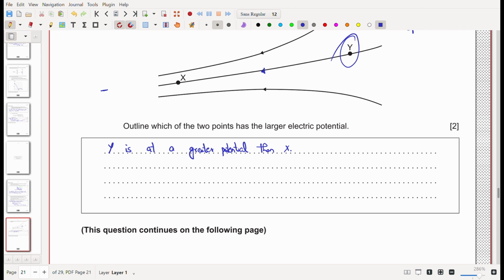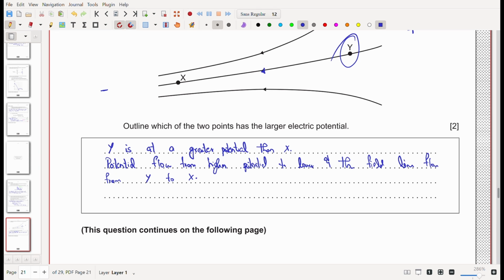So, we can say that potential flows from higher potential to lower potential, and the field lines flow from Y to X. And that's it.